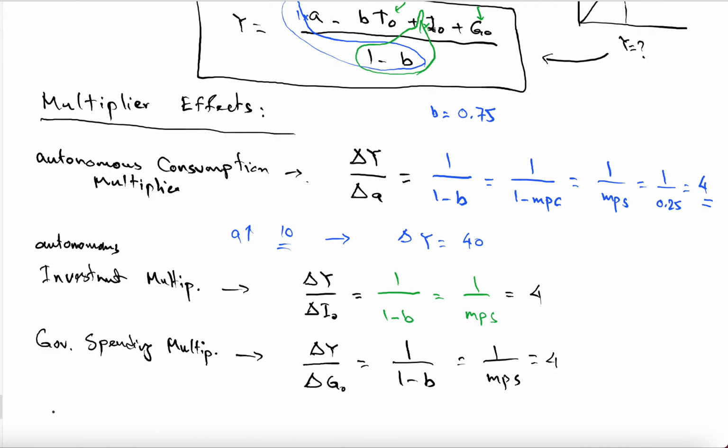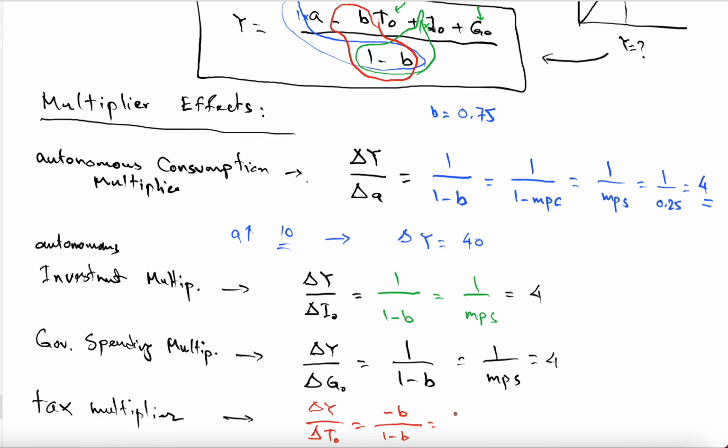The other one would be the tax multiplier. Multiplier of tax, I use the red. It is the coefficient of t, which is minus b, divided by this. So the delta y, as a result of a change in the tax, is going to be minus b over 1 minus b.